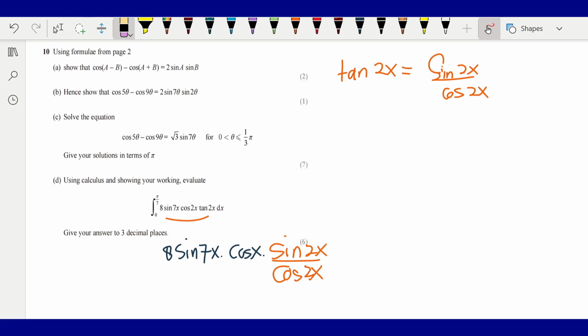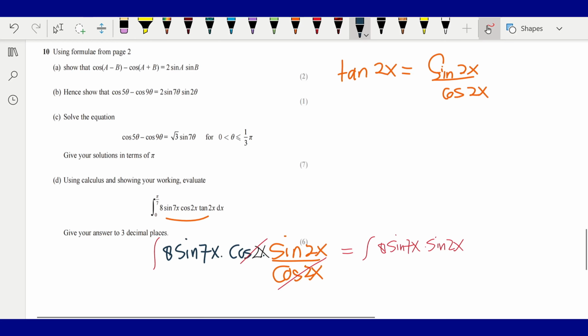This part is cosine 2x. So now we can cancel out cosine 2x and cosine 2x. Now we can rearrange the integration: 8 sine 7x times sine 2x. Now we see that this part is actually similar to this part. We just have to modify the 8 into 2.